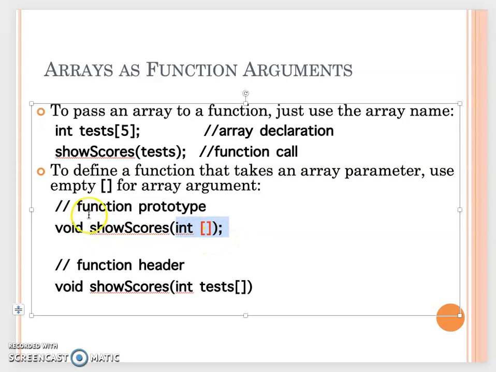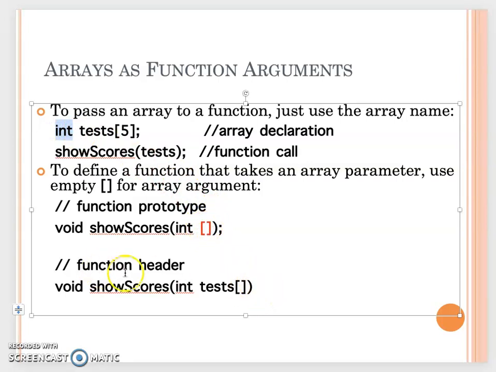So in your function prototype, you have your return type, function name, and your data type. For the array data type, don't forget you need the data type of the array elements with the square bracket symbol.